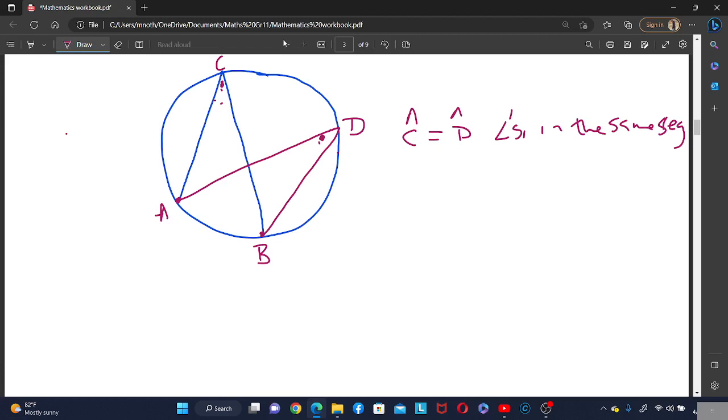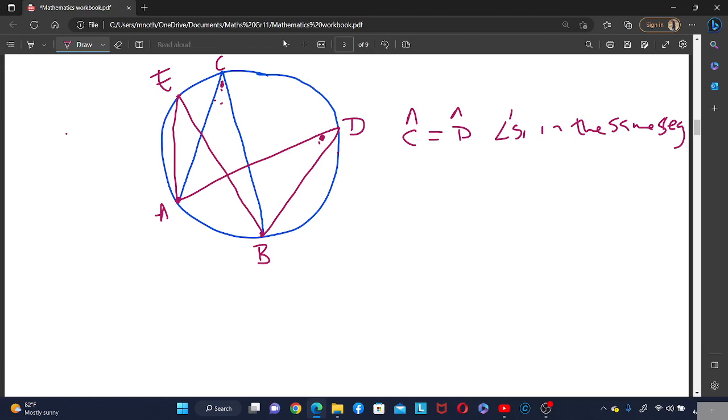So let's say, for example, this is another angle. So this is angle E. Like I said, if the angles are in the circumference, the edge of the circle, and they are coming from the same points, then those angles are equal.